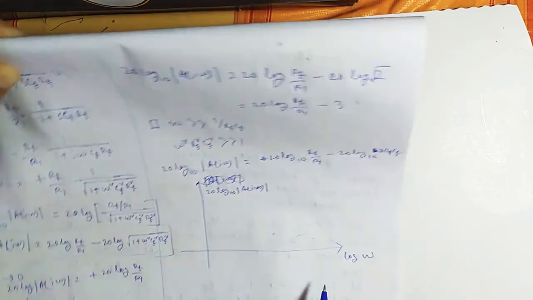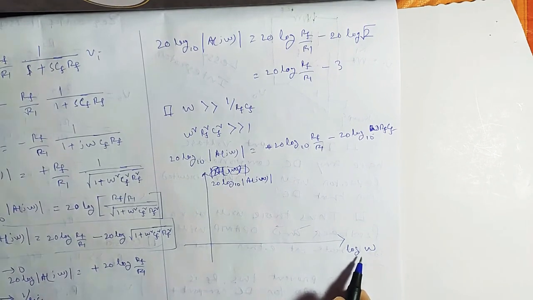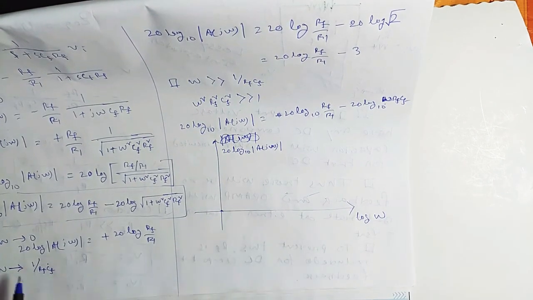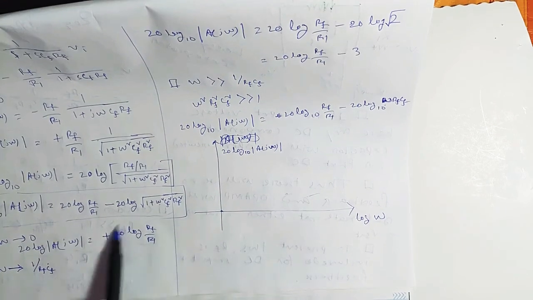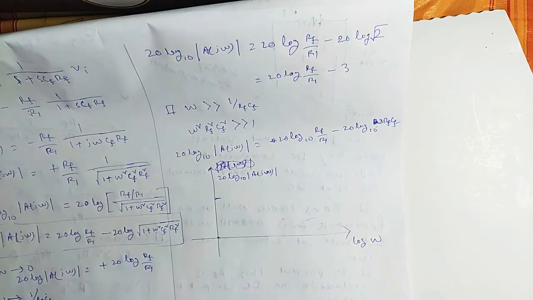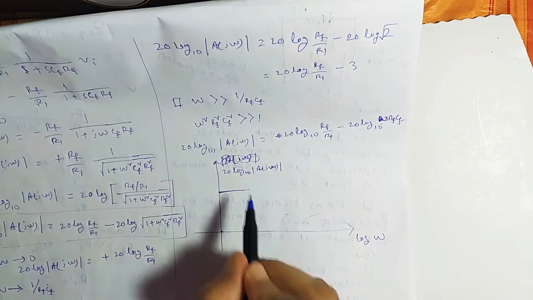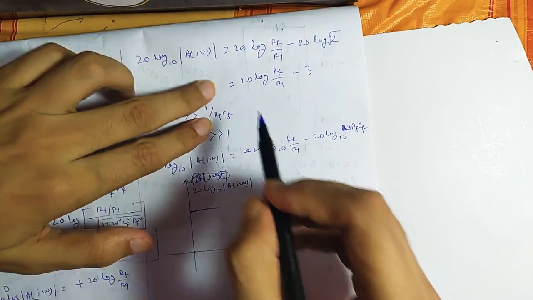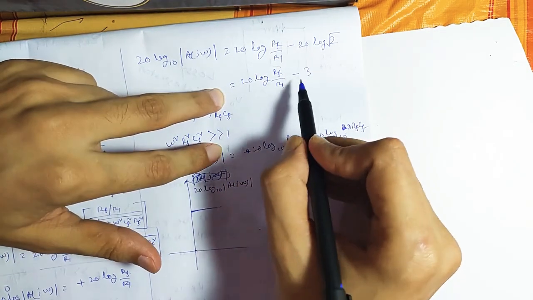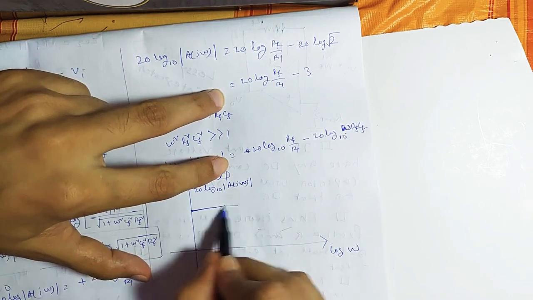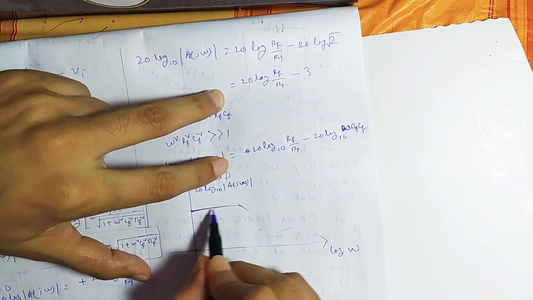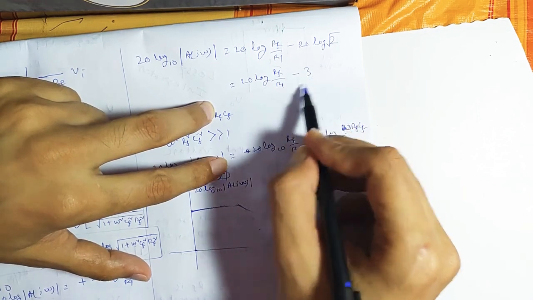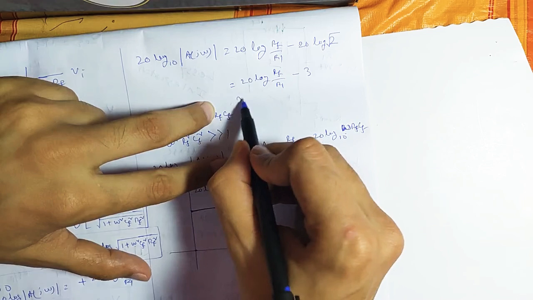When omega is very low, consider the first case, it is 20 log Rf by R1, so it will be here, and it will be almost constant up to omega equal to 1 by Rf Cf. At this point it is 20 log Rf by R1 minus 3, so it will be 3 dB below, but still we'll consider it almost equal to 20 log Rf by R1.